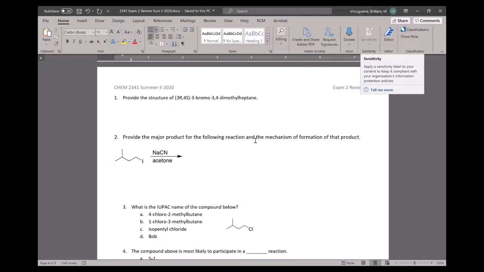I just got a question in the chat. The final is comprehensive. It'll go from chapter 1 to 11. The second part of the question is, does it lean more towards material from exam 2? I would say it's pretty even, but if there's any topic that you see a lot more of, it's probably going to be substitution and elimination.